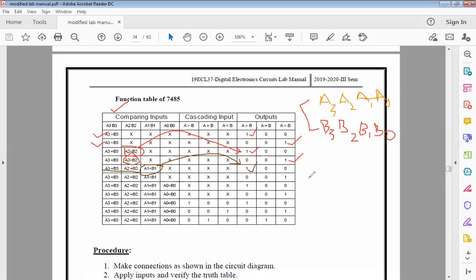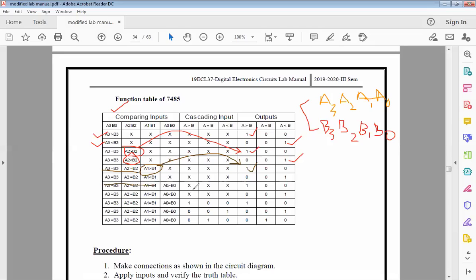No, sir. Okay, so ultimately a comparison will keep happening, and when you come to this stage, I cannot find out the value since all these are equal.